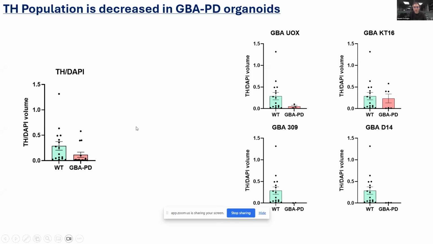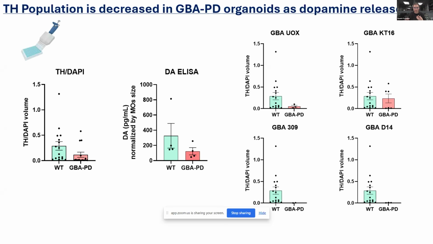And here is the quantification of the staining. Globally, we can see this decrease of dopaminergic neuron population in the whole GBA group. And when we split the cell lines again, we can see that this decrease is variable between the cell lines, but it's still showing a tendency to decrease mostly.